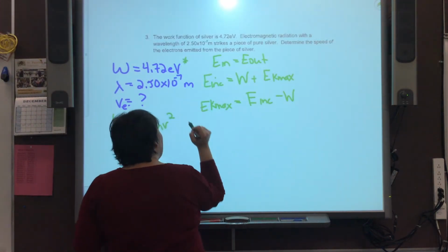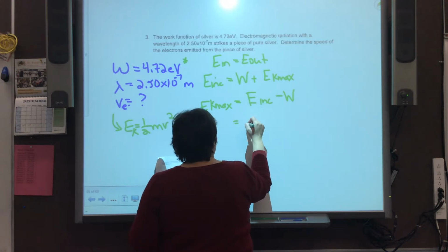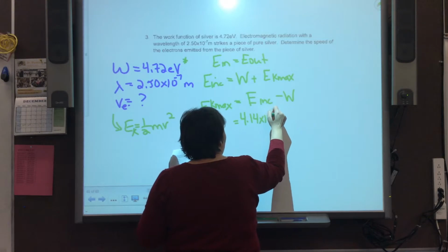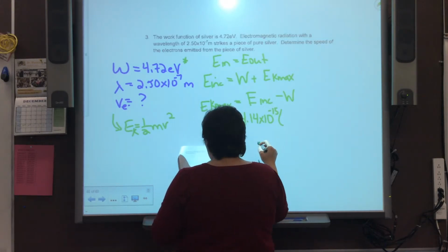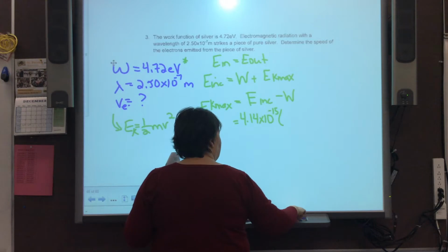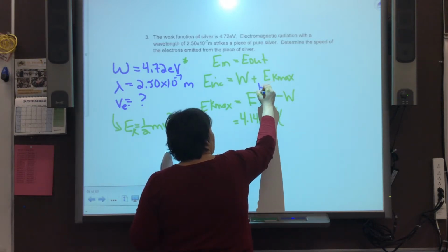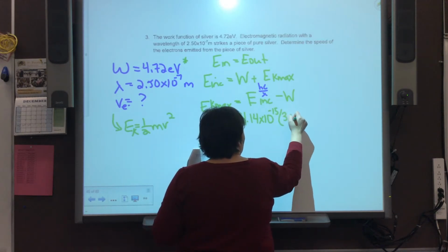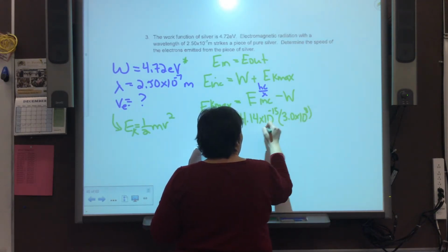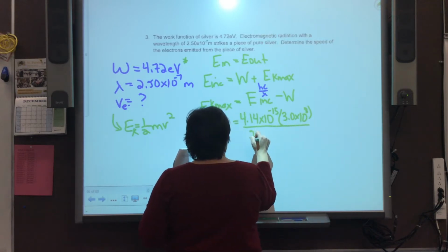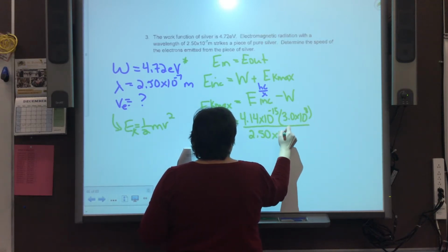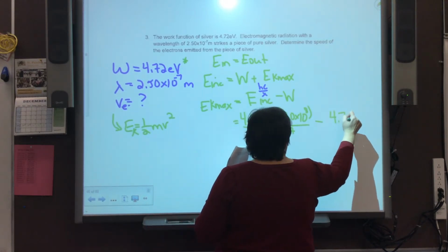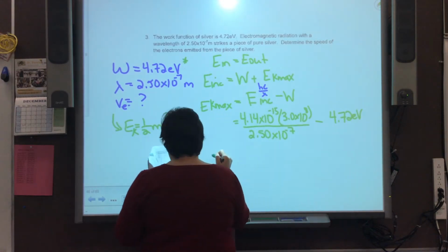Because we're working in electron volts, we are going to keep doing that. This is broken down into HC over lambda. And our work is 4.72 electron volts.